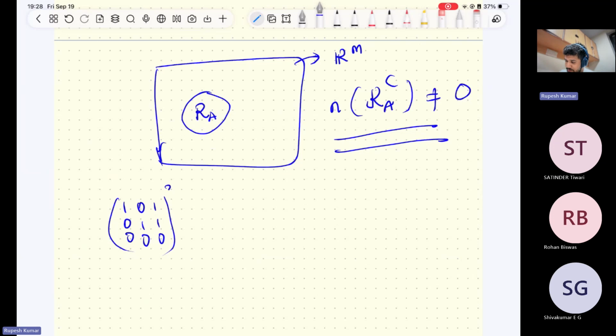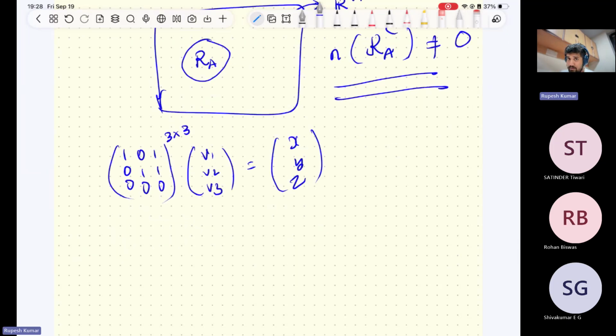This is a 3 cross 3 matrix, so a 3 cross 3 function. Now you define the input space. The input space is R3. So you take some input v1, v2, v3, and you get the output in the range space, x, y, and z.